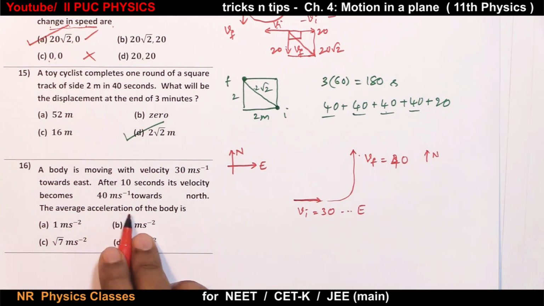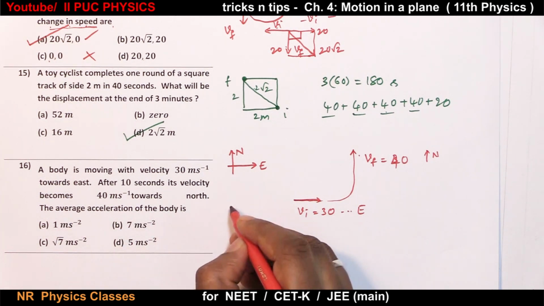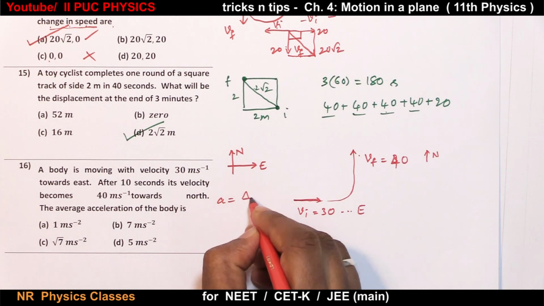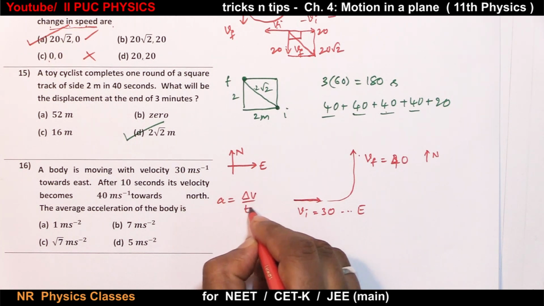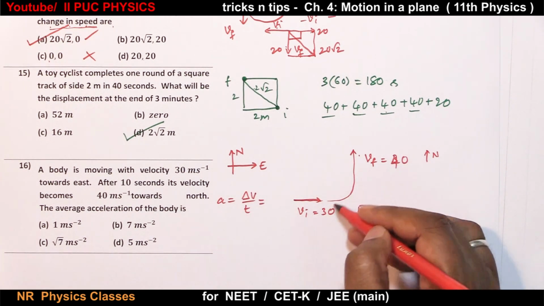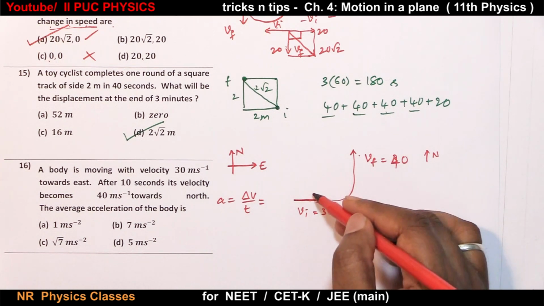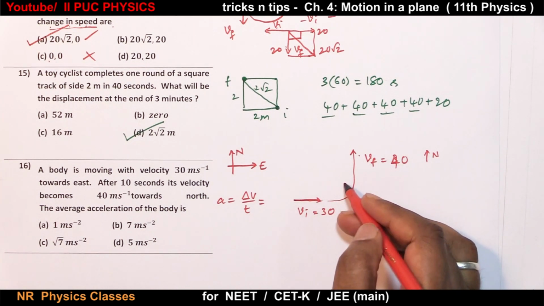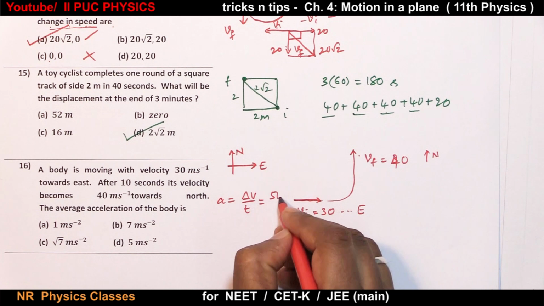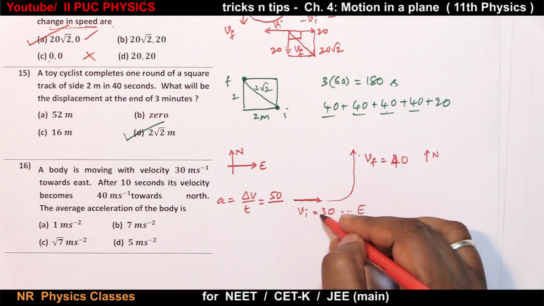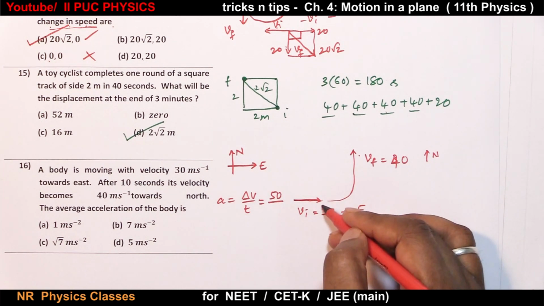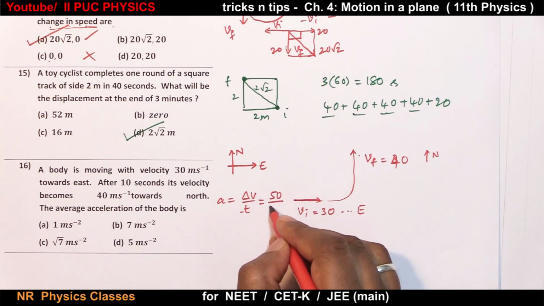Average acceleration of the body: acceleration equals change in velocity by time. The angle between these two is 90. Use the Pythagoras theorem. So change in velocity is 50. Am I right? 3, 4, 5 triplet, 50 in 10 seconds.